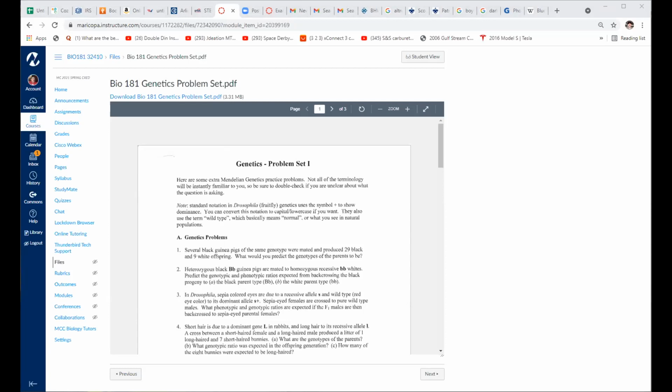They were mated and produced, in the F1, 29 black and 9 white.